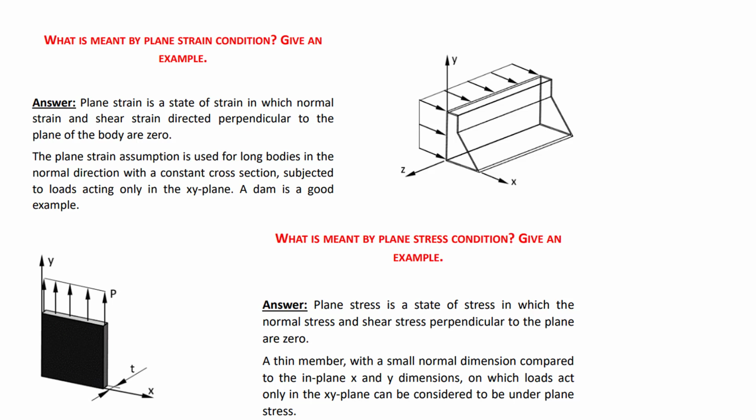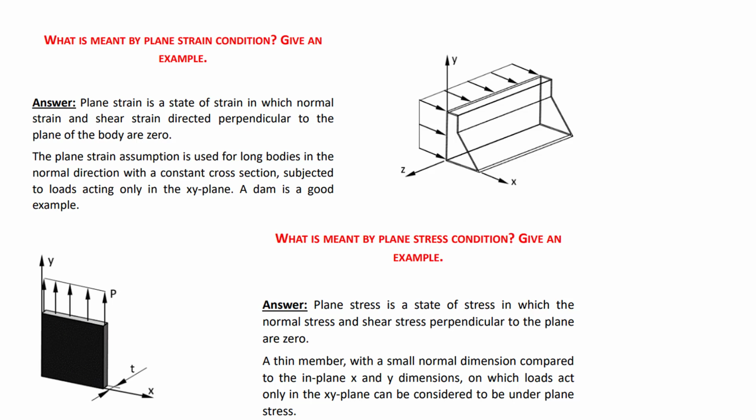Now the same for plane stress. This is the state of stress in which the normal stress as well as the shear stress perpendicular to the plane are zero. You could see the diagram here. It is mainly used for thinner membranes, and only loading conditions along the xy plane can be considered under plane stress.